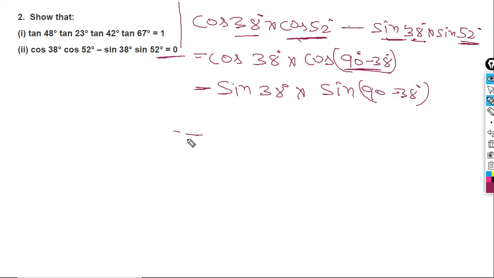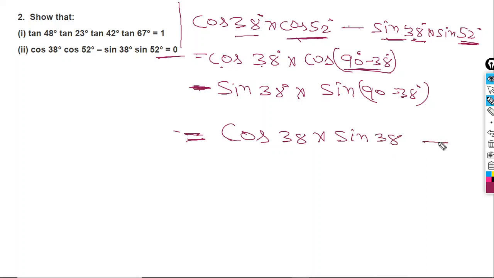Now this minus, here you can see cos 38 into cos (90 minus 38). 90 minus theta is sin theta. So we'll write cos 38 into sin 38.